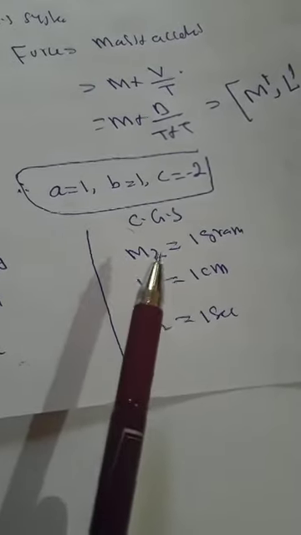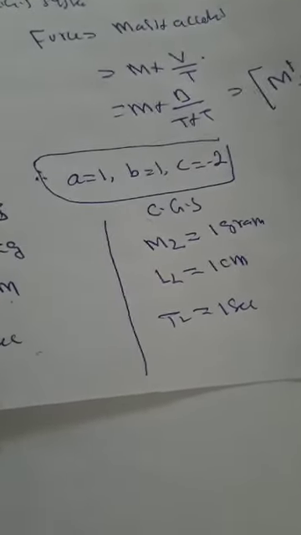A, B, C are given and N1 is 1. When we substitute in the equation, we can write N1 is equal to 1 Newton.